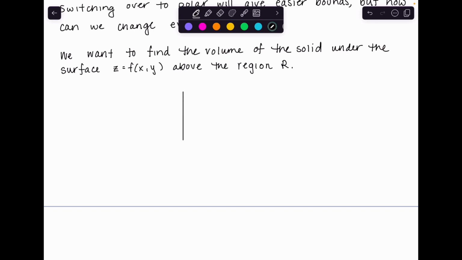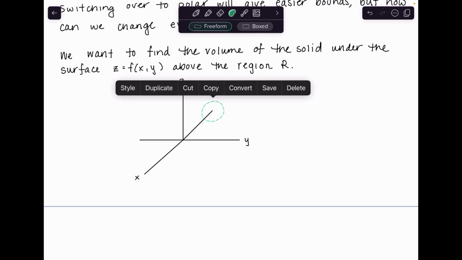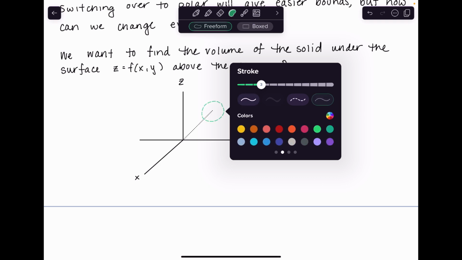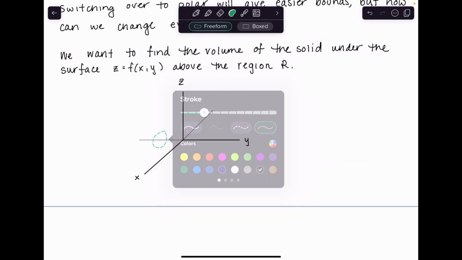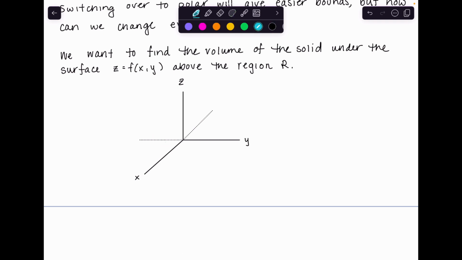So just to give you a visual, let's go ahead and do the back X and Y, and I'll change those to dotted in a second. So this we want dotted, and then this one we want dotted as well. So maybe our region R is a circle.